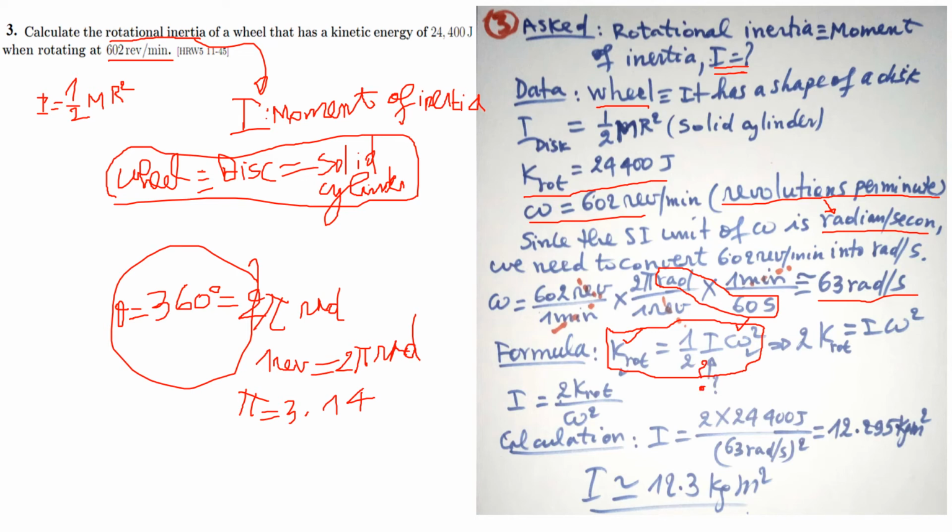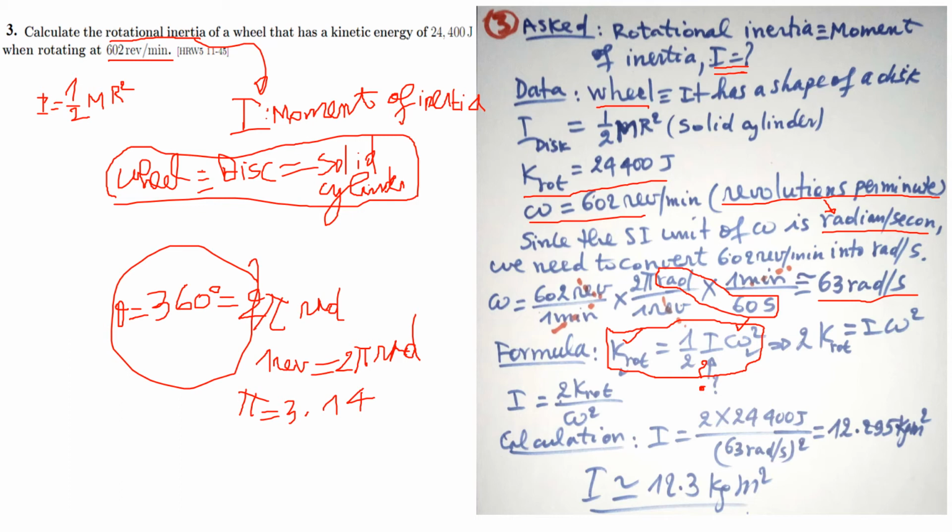Then we need to rearrange this formula in order to determine the moment of inertia. By multiplying 2 in both sides of this equality, we have 2 times kinetic energy of rotation equals moment of inertia times the square of angular velocity.